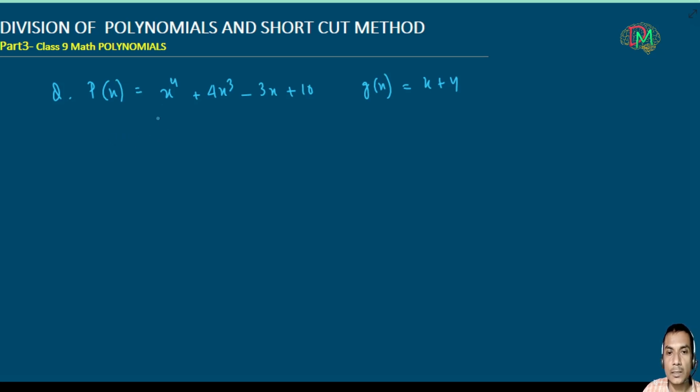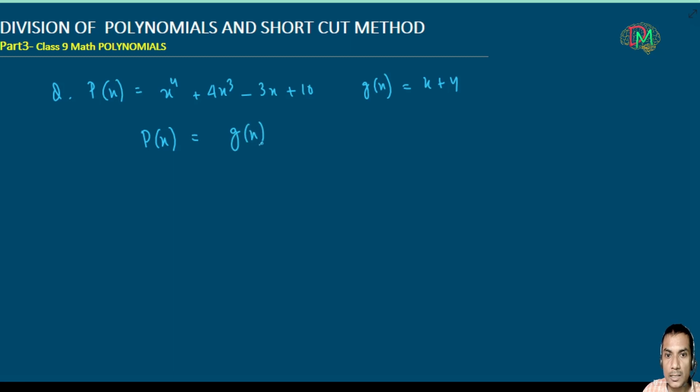This is the division rule. If we want to get px, this is the dividend and gx is the divisor.